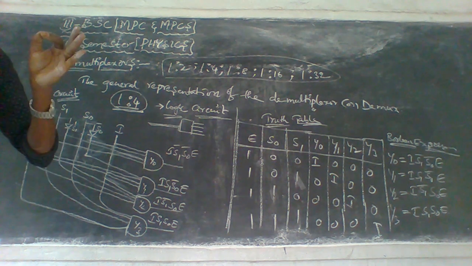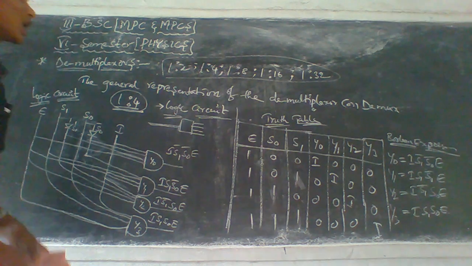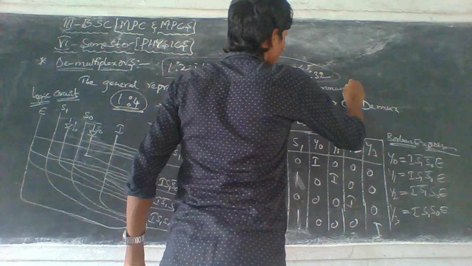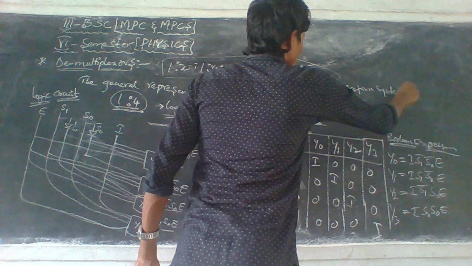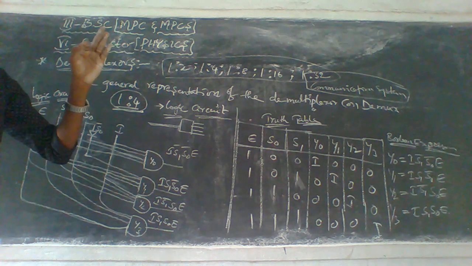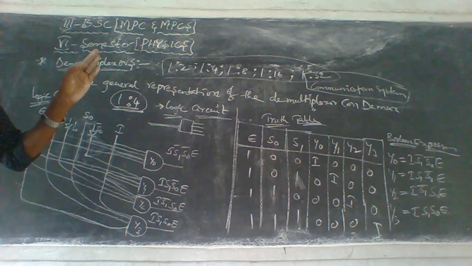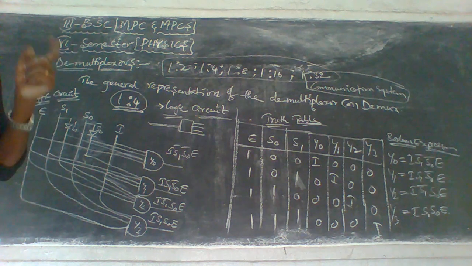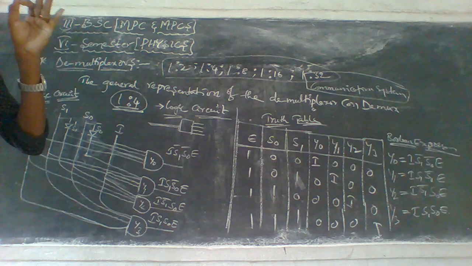The main application area of the demultiplexer is communication systems, where multiplexers are used.